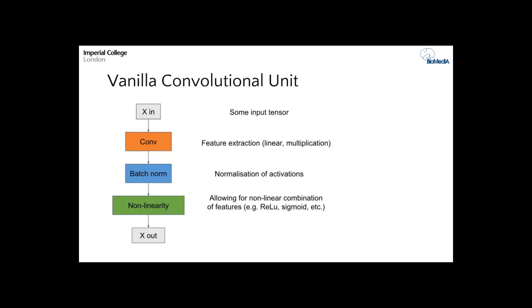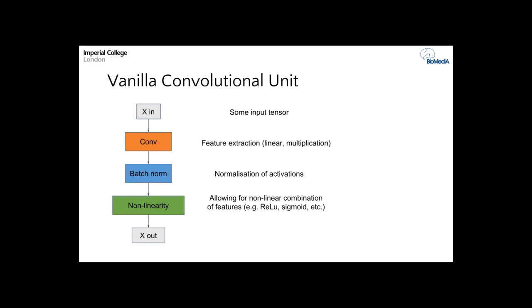And let's start off with a vanilla convolutional unit. So you have some X, some tensor going in. It will convolve, so it will basically multiply and extract some features. You'll have a batch norm, which will basically normalize your activations in order to make training better posed. A bit more on that later.